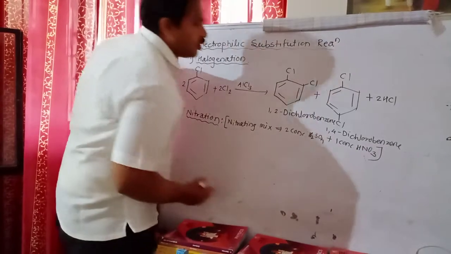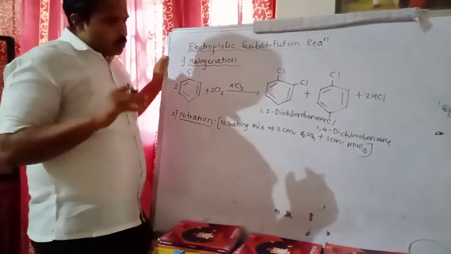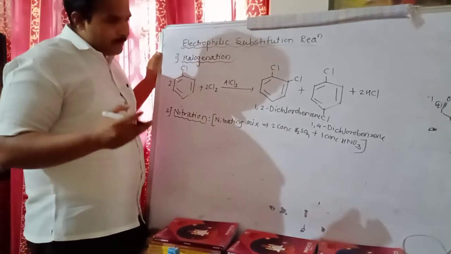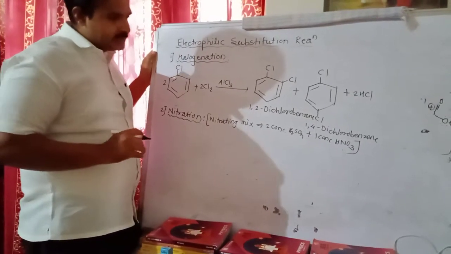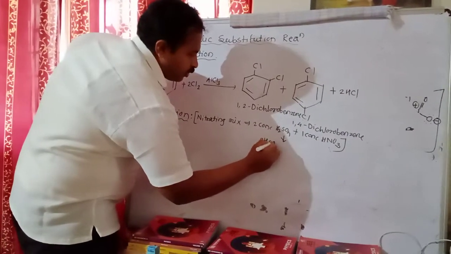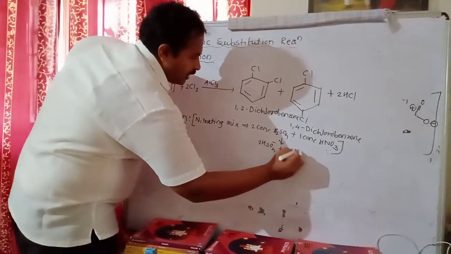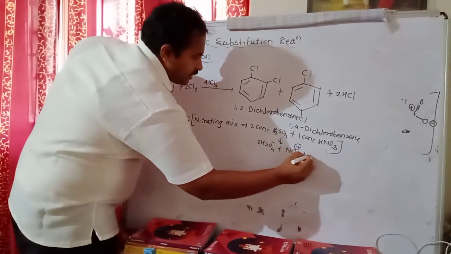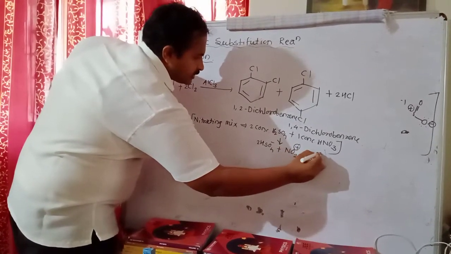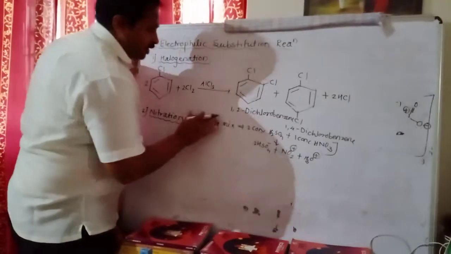What happens when 2 moles of H2SO4 combine with 1 mole of HNO3? Formation of 2 HSO4 minus plus NO2 plus plus H3O plus.